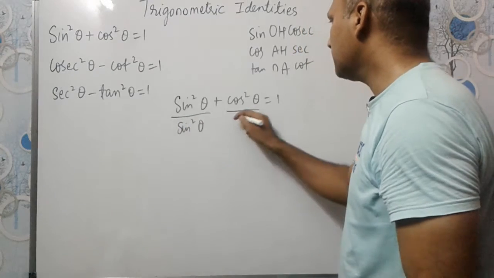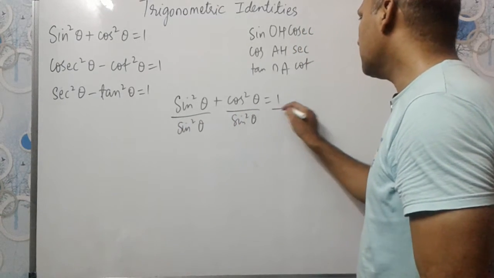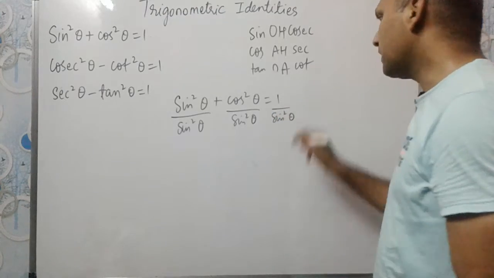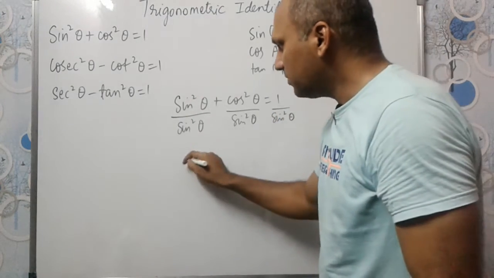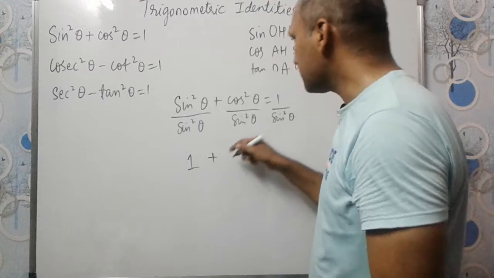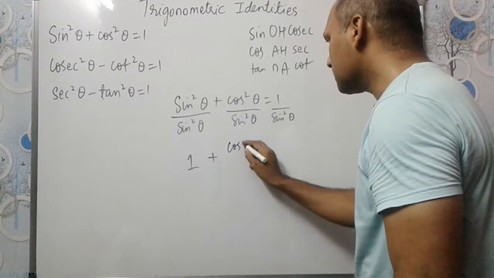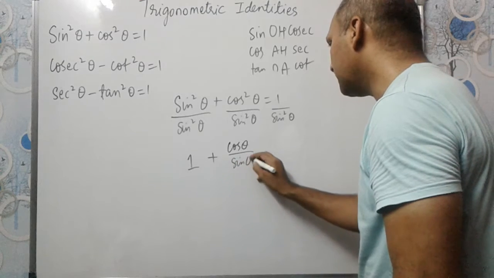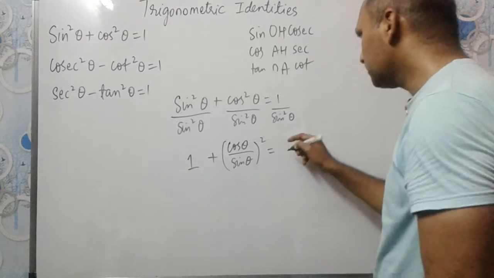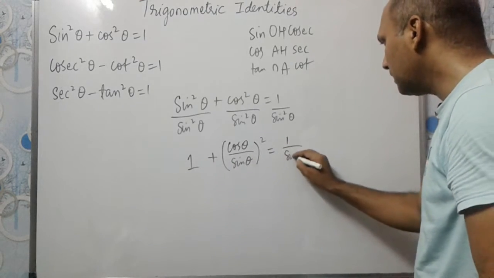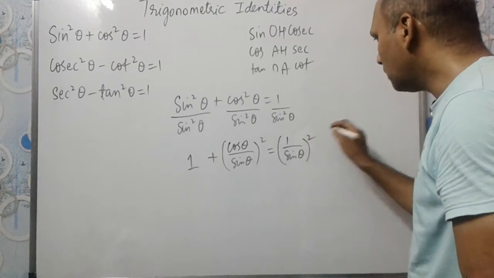Sin square here, sin square here, and sin square here. Sin square divided by sin square is equal to 1, plus cos divided by sin, whole square. See, this will become cos theta divided by sin theta whole square. And this is 1 by sin theta whole square.